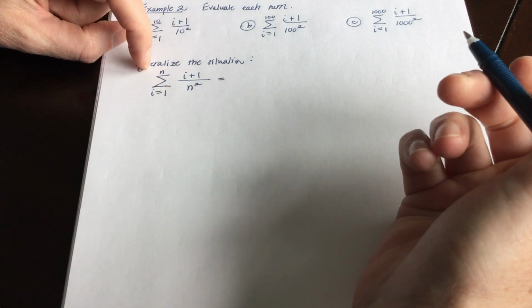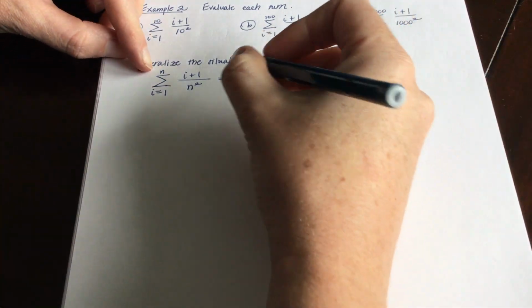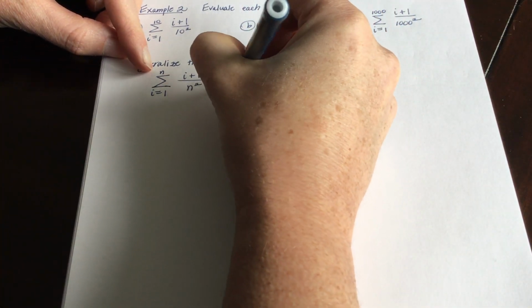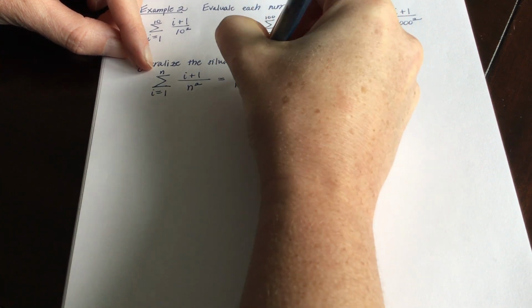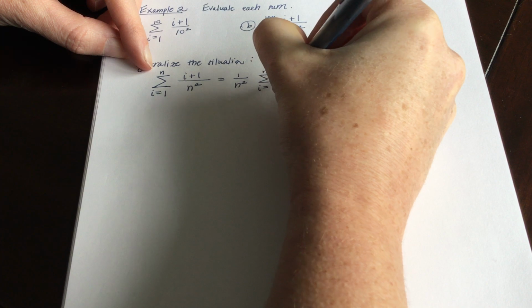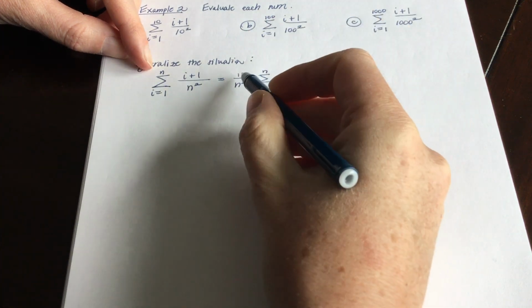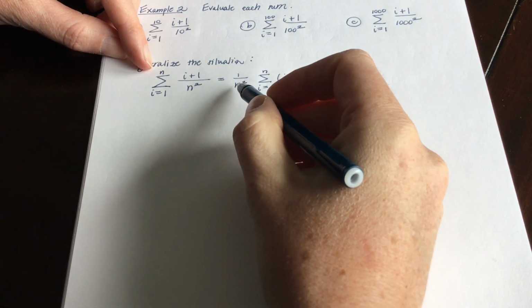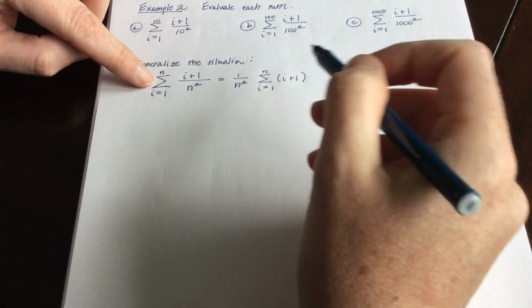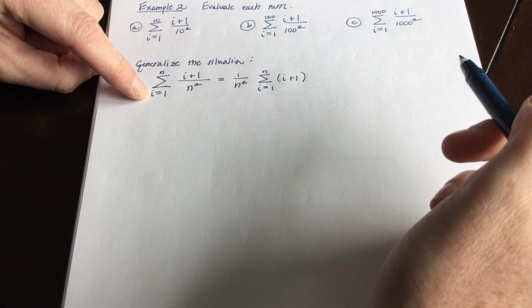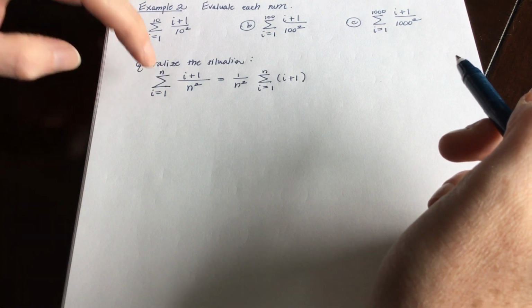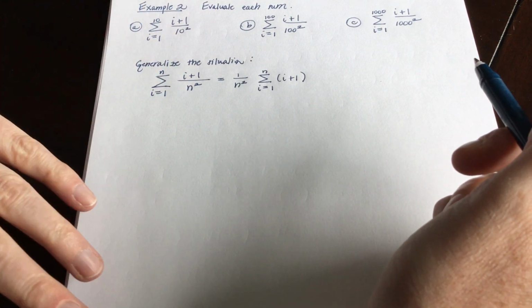So you can use the constant multiple rule for sums and rewrite this as 1 over n squared times the sum as i goes from 1 to n of (i plus 1). Now I know 1 over n squared is not actually a constant, but as far as sigma is concerned, i is the thing that changes value, and therefore n is a constant as far as sigma is concerned.